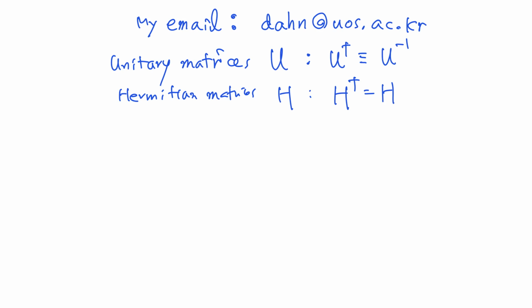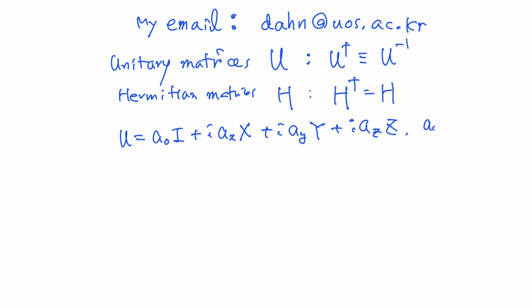And one of the easiest ways of making a unitary matrix for 2 by 2 is the following way. Let's say U is A0 times identity plus AX times X plus AY times Y plus AZ times Z, with the factors of i. Here A0, AX, AY, AZ are all real numbers.